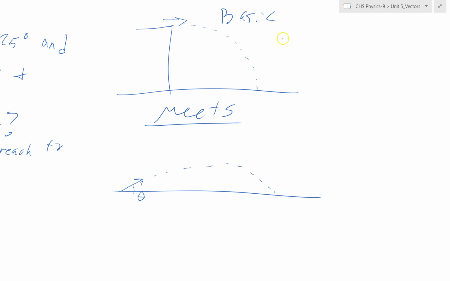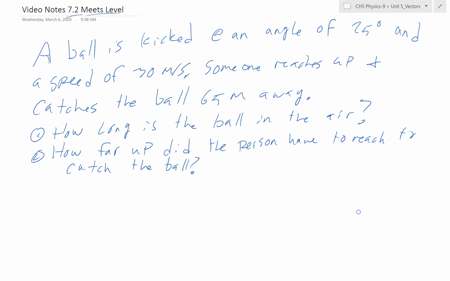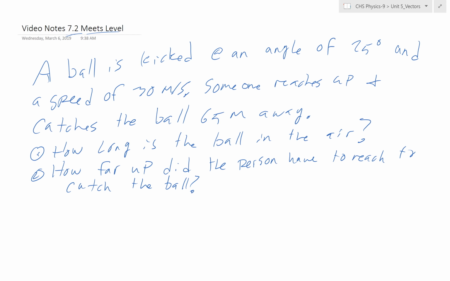So basic is horizontal starting velocity, and meets is v1 at an angle.